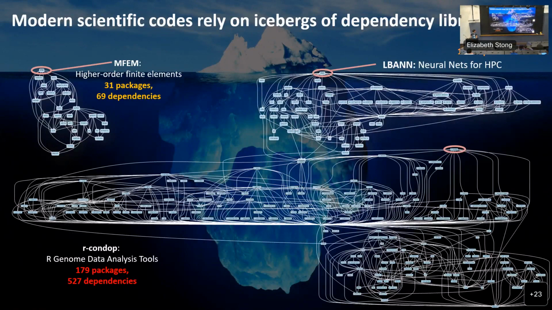That's ConDop. It's a genome data analysis tool. The bioinformatics world is definitely full of some of these scary-looking dependency graphs. But we're talking about 179 packages, 527 edges. This is not the sort of thing you can manage manually.